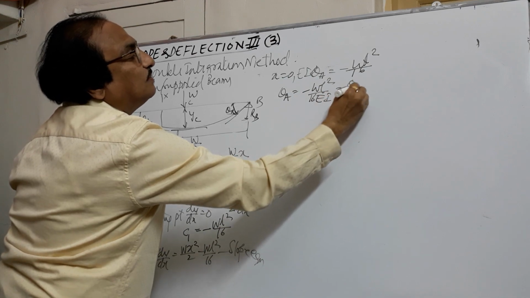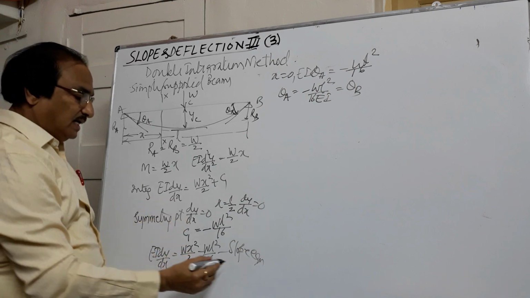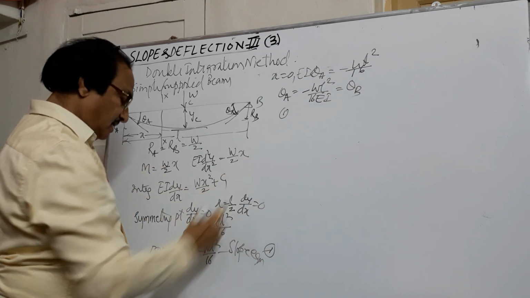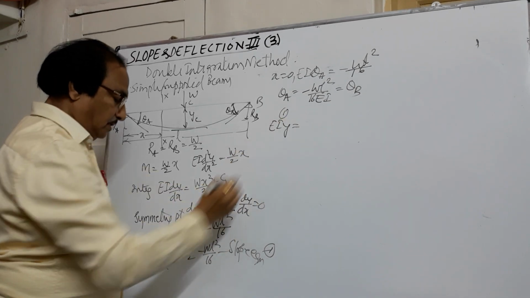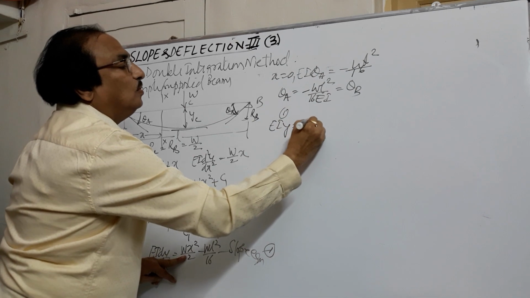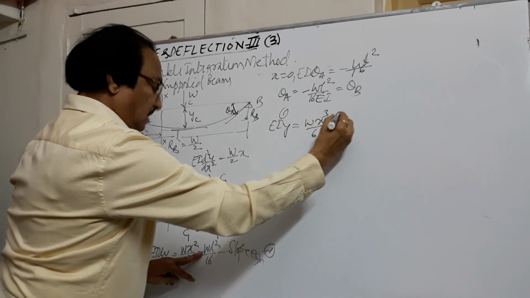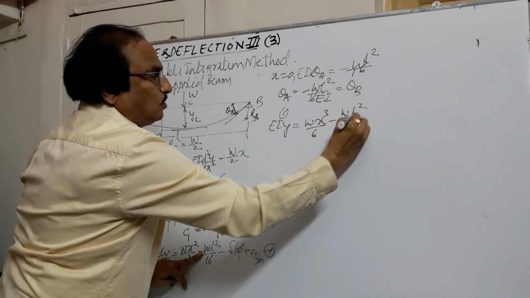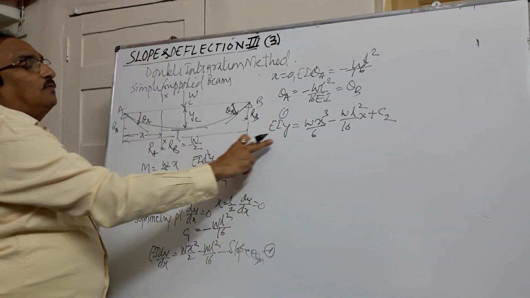Because of symmetry, it will also be equal to theta B. Further integrating this equation, if I double integrate it, EI into y is equal to Wx cube divided by 6 minus WL square by 16 into x plus C2.